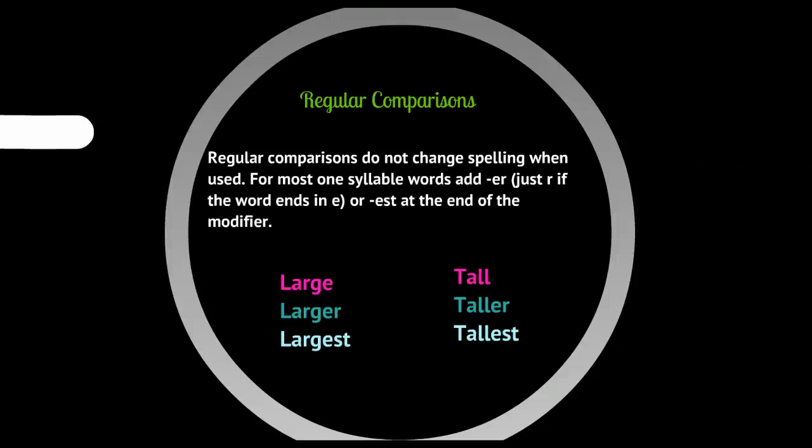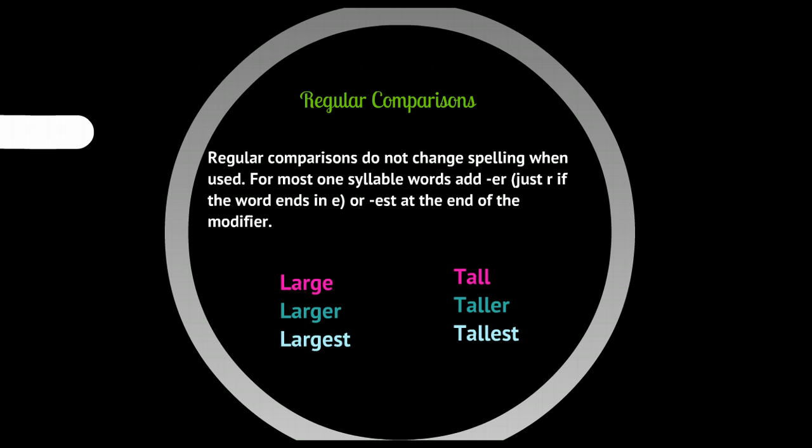You'd add just an R if the word ends in an E already, or EST at the end of the modifier. Okay. So you can see here, our positive is large. We're going to add the R because large ends in E to make the comparative, so larger. And then when we get to the superlative, we're looking at largest.